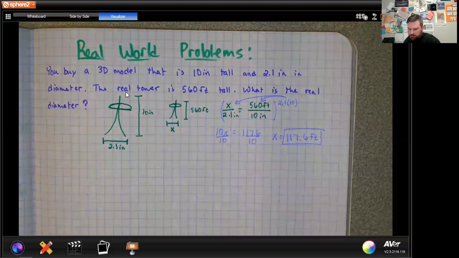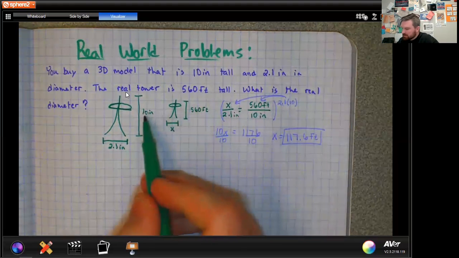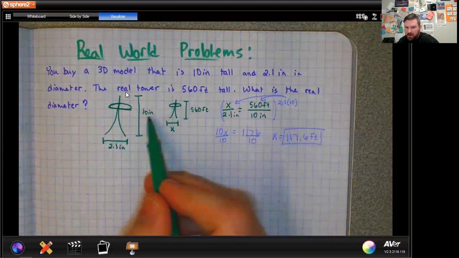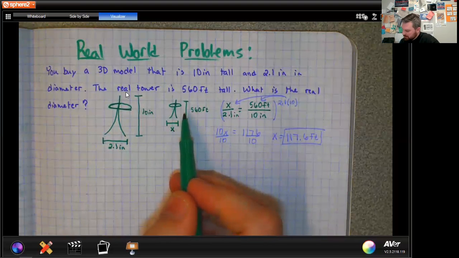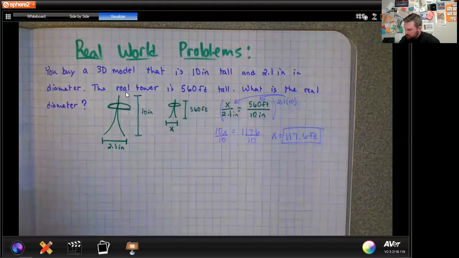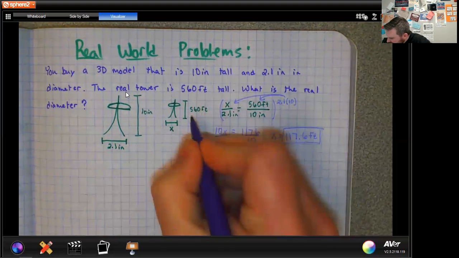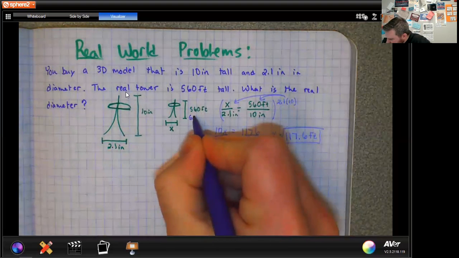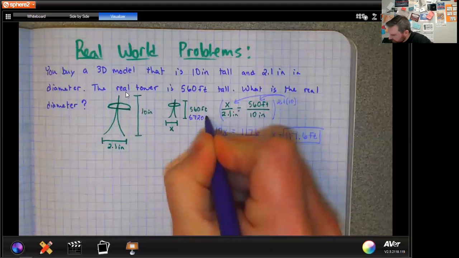You could get them both in feet, but I'm going to get them in inches because this is not equal to a foot yet. So 560 feet, multiplied by 12, is 6,720 inches.